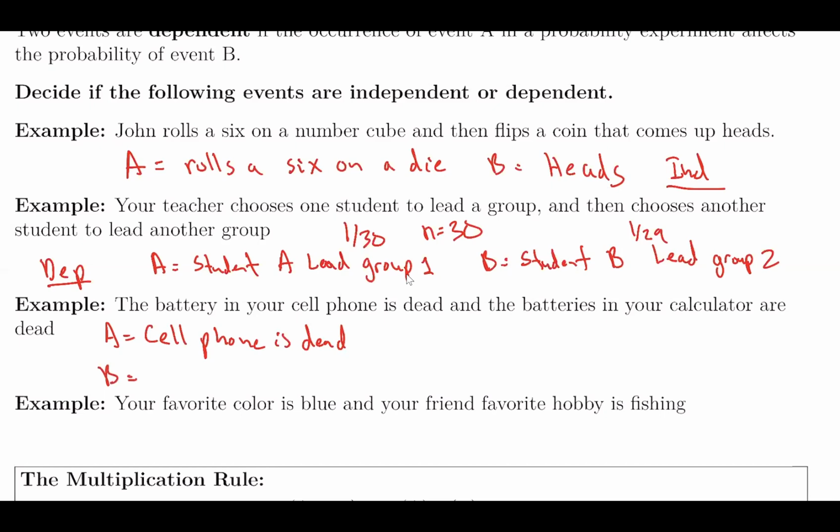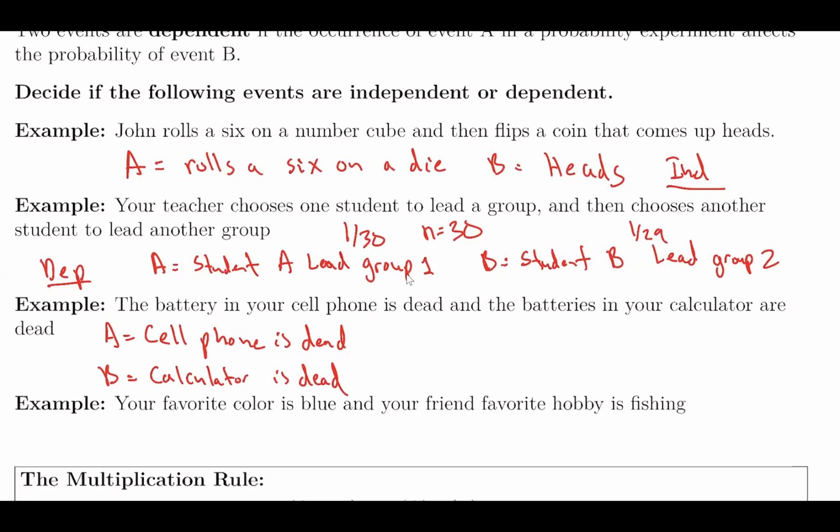We'll put calculator. All right, so we have the events. A, cell phone is dead. Event B is calculator dead. Does the fact that your cell phone is dead affect the fact that your calculator is dead?